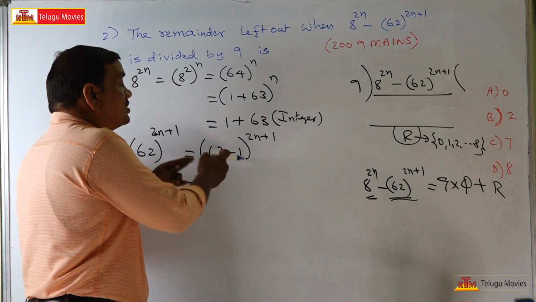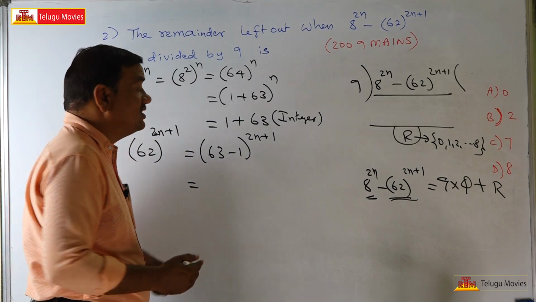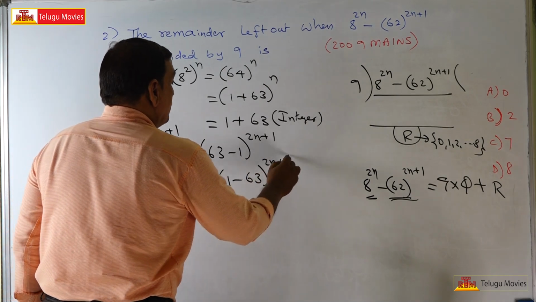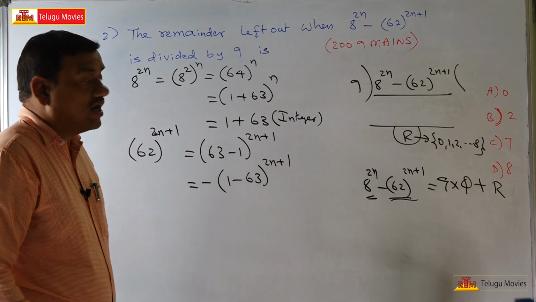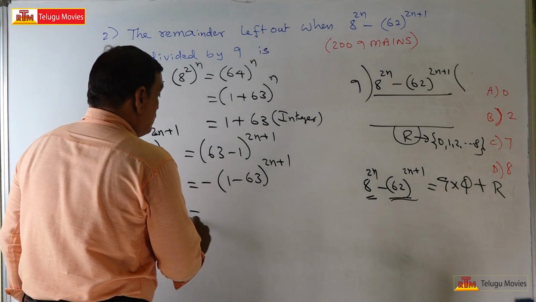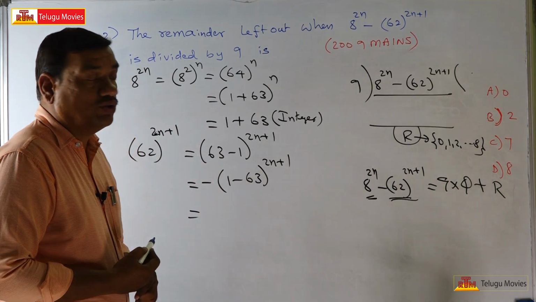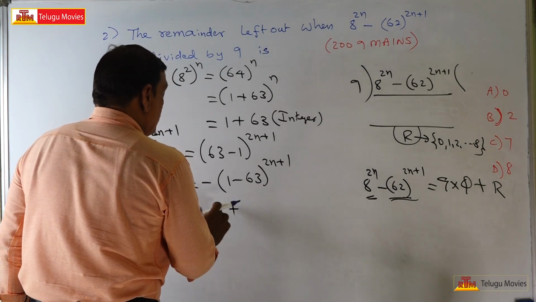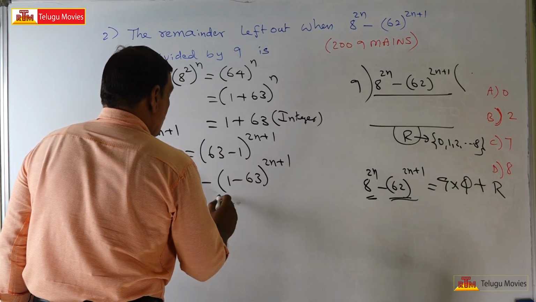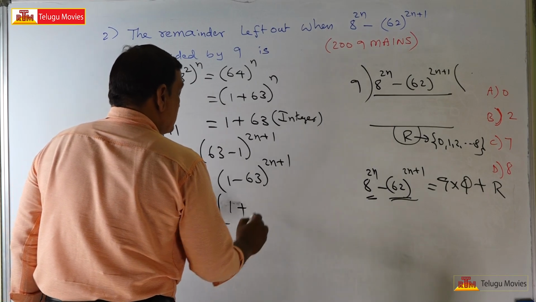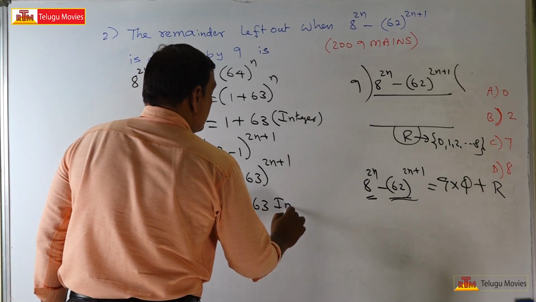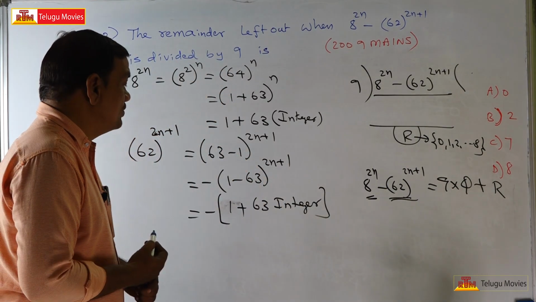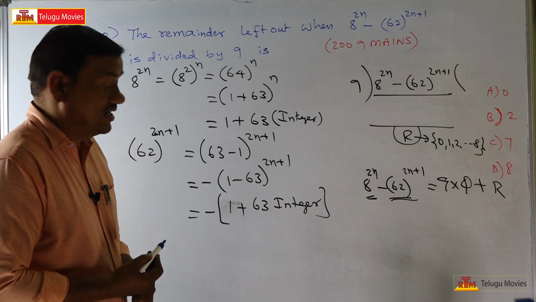So that is (minus 1) whole power 2n plus 1, odd number means minus will come. That is (1 minus 63) whole power 2n plus 1. Okay, now if you expand this, whatever may be the expansion you do, you will get minus of (1 plus 63 into some integer). 63 into some integer you will get. Understand this, right?